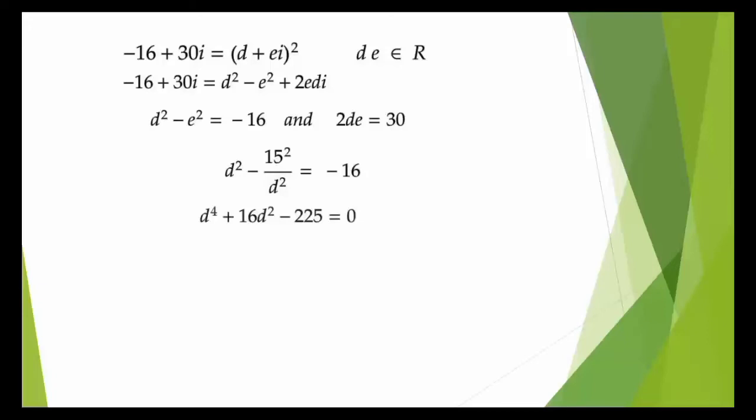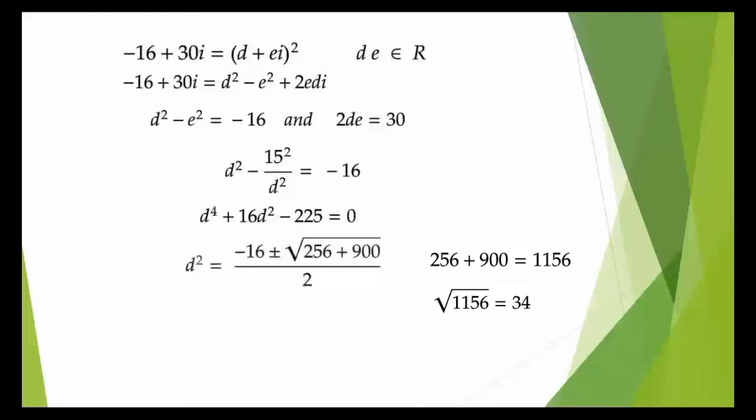If we let d square be x and d raised to the power 4 be x square, then by applying the quadratic formula, we can evaluate d square, which is minus 16 plus or minus the square root of 256 plus 900, upon 2.